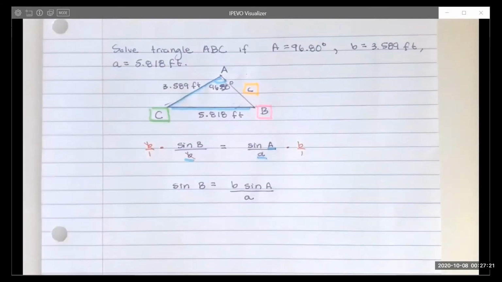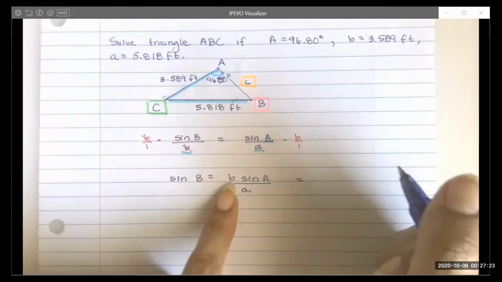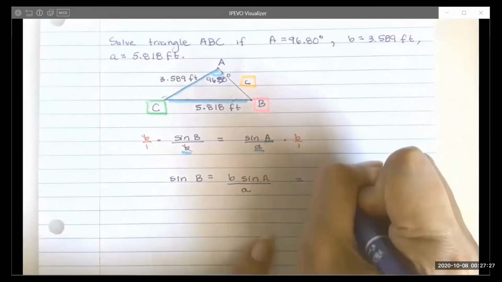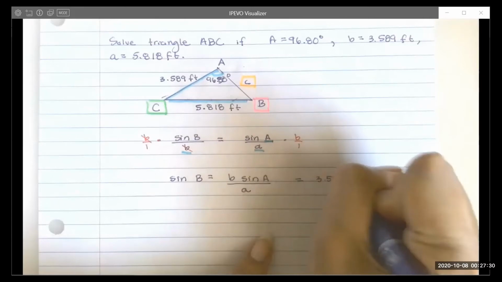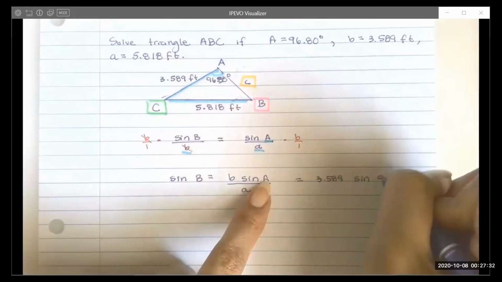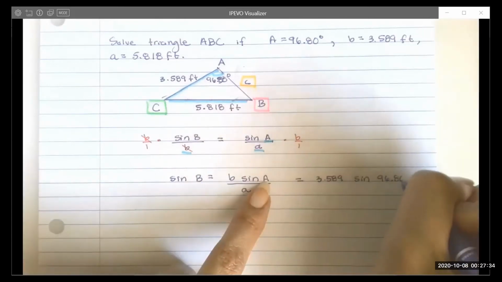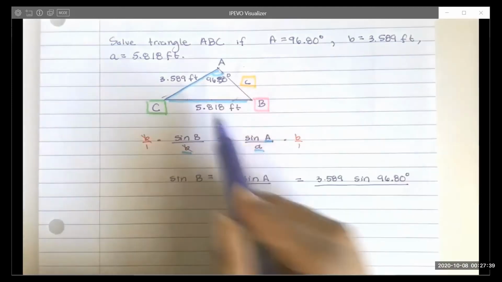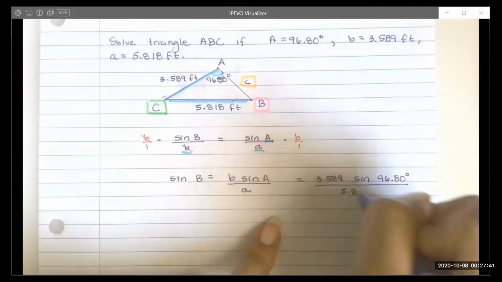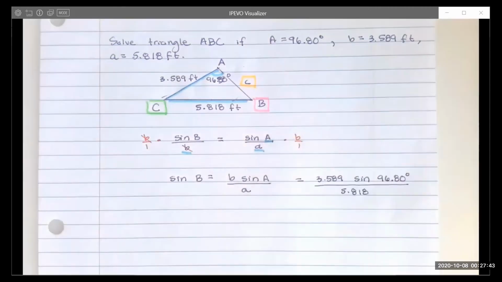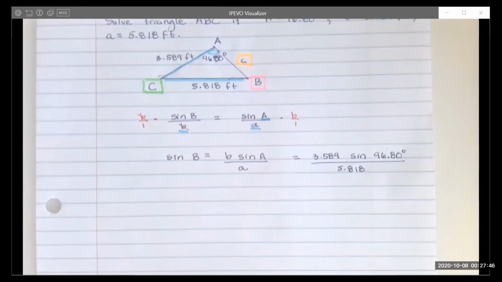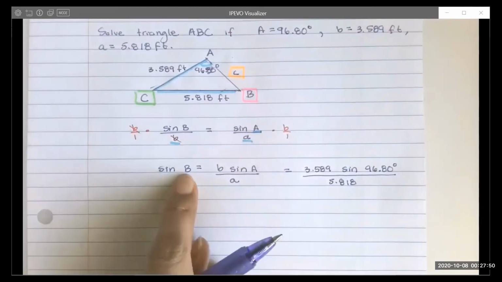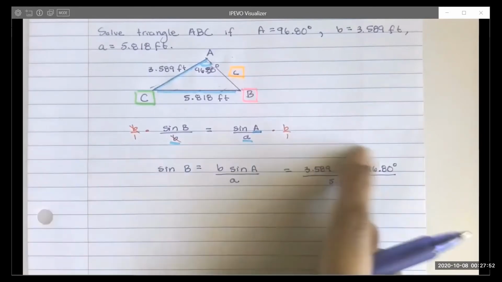Okay, so now let's replace. b is 3.589, angle A is 96.80 degrees, and side a is 5.818. Now we want to find angle B, so I'm going to take sine inverse of this value.